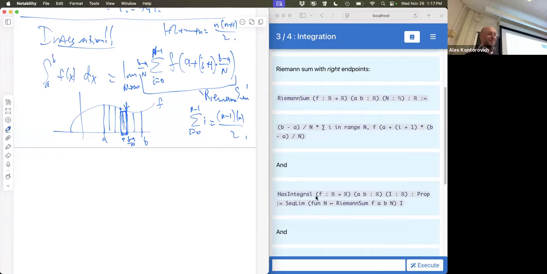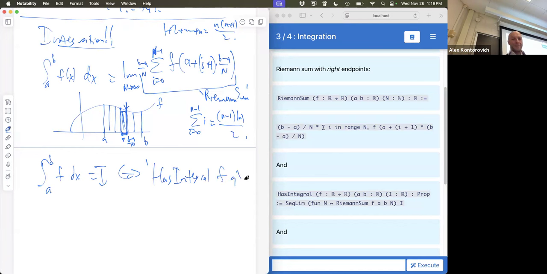We say f has integral I from a to b, and the integral from a to b of f dx is equal to I, is called HasIntegral f a b I. It's that the sequence that maps n to the Riemann sum of f, a, b, n has a sequential limit, and that limit is the real number I. I is the integral.